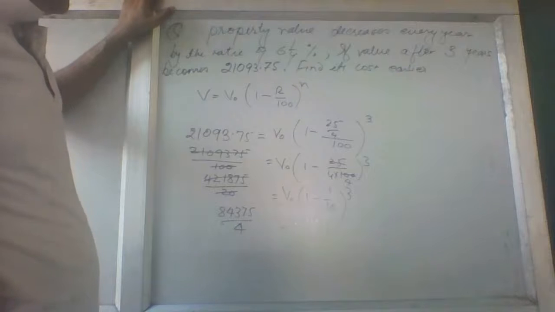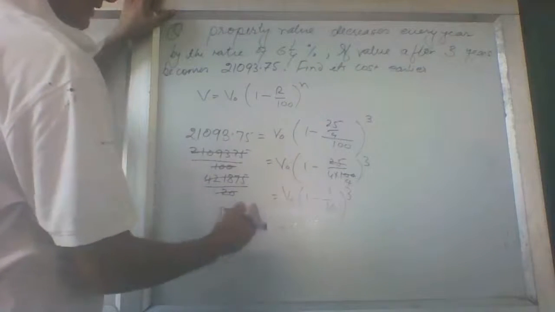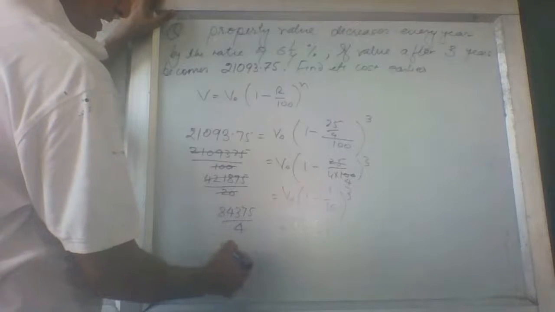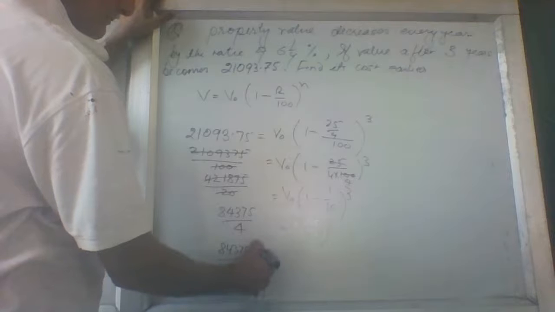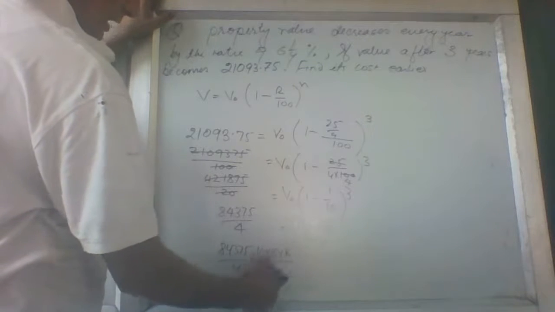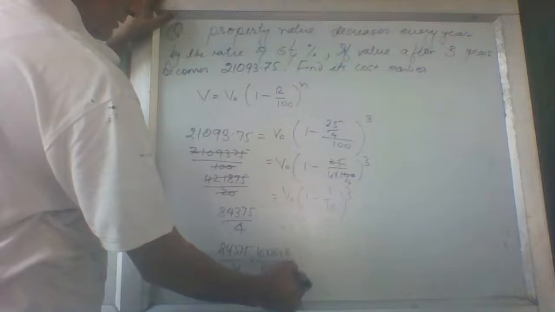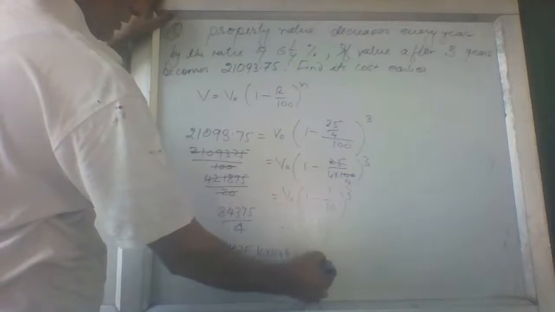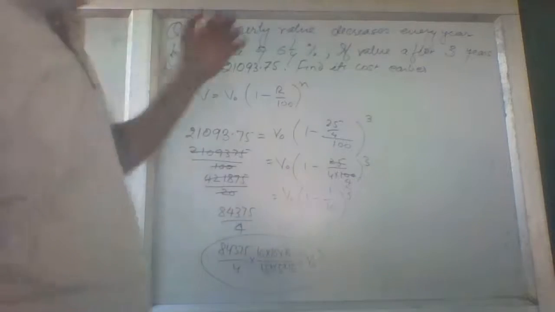This is it. Now solve it out. This is 15 by 16, so 16 will go up here. 84375 upon 4 multiplied by 16 into 16 into 16 upon 15 into 15 into 15 is equal to V naught. And this is the answer.